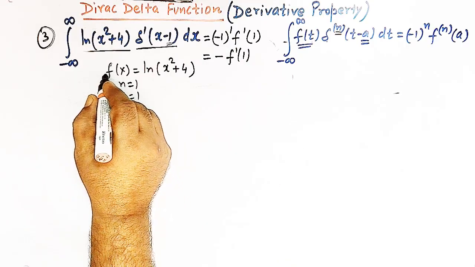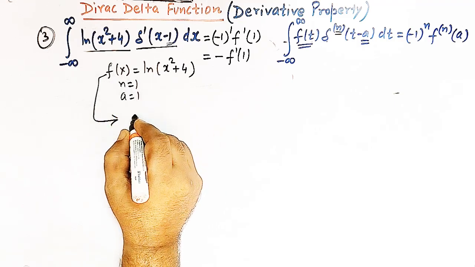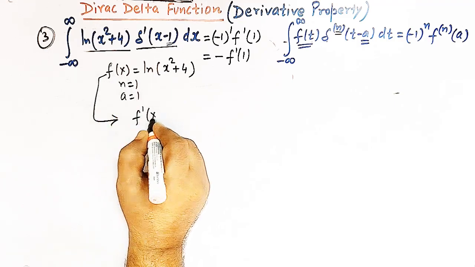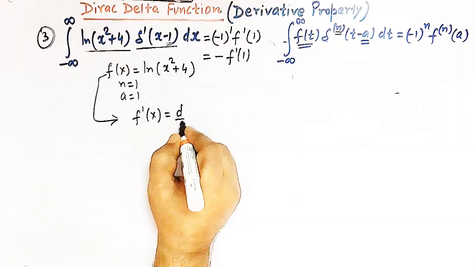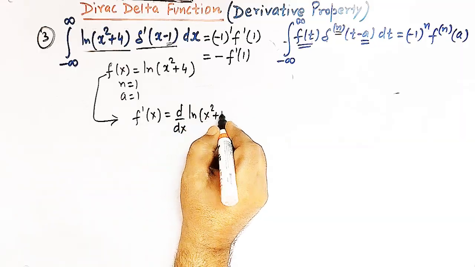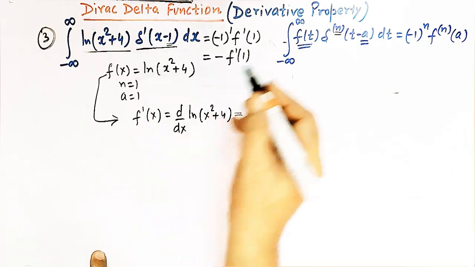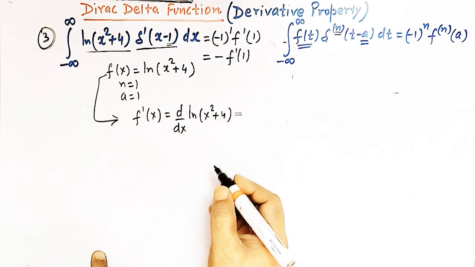So now we have to find out the derivative of f of x. So we have f prime of x is equal to d by dx of natural log of x square plus 4. So now the derivative of natural log of x is 1 over x.